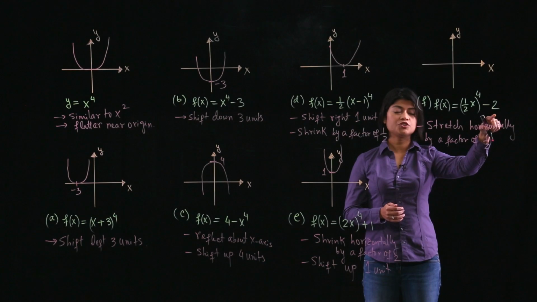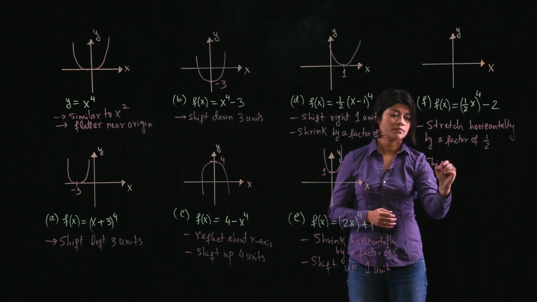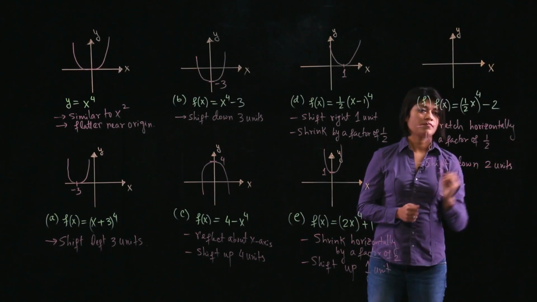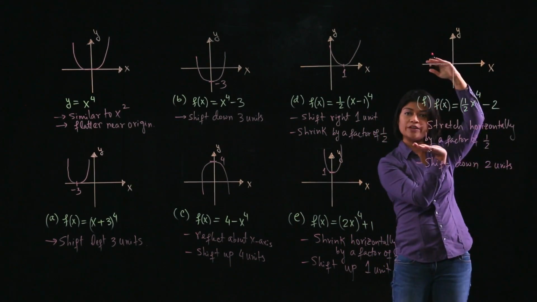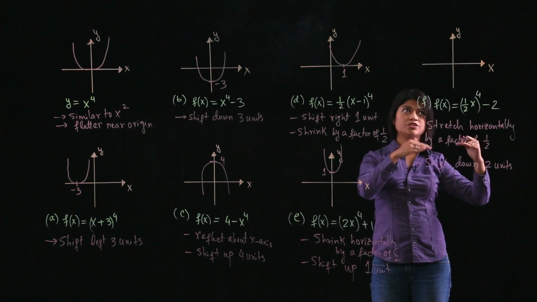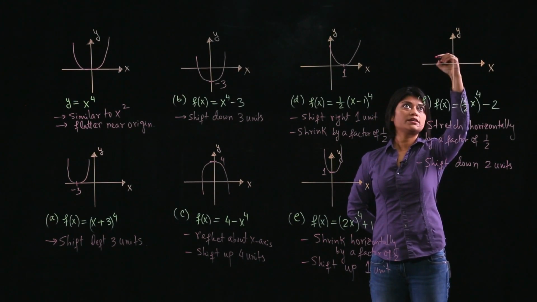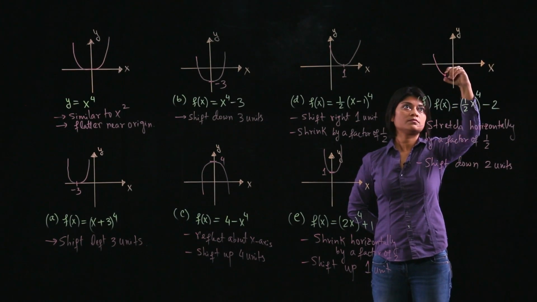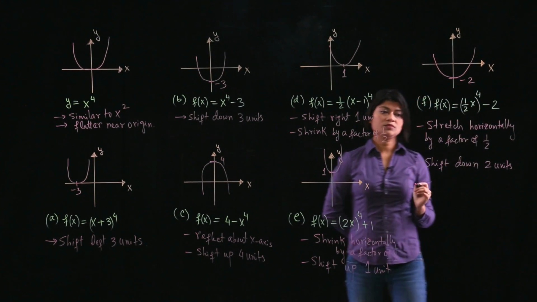And then minus 2 means you will shift down 2 units. All right, stretch horizontally means shrink vertically. So you first stretch horizontally and then you shift down 2 units. So this graph will look roughly like this.